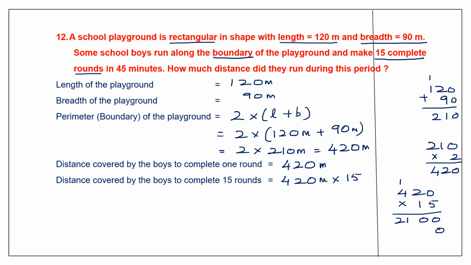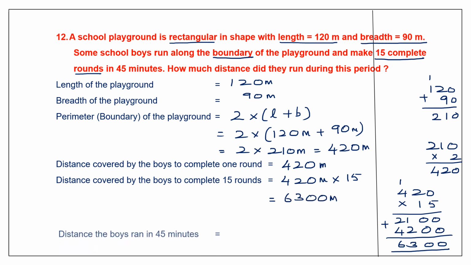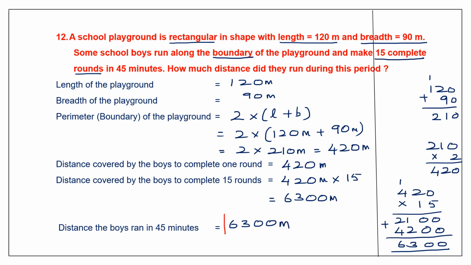Second step, 1 zeros are 0, 1 twos are 2, 1 fours are 4, plus 0, 0, 1 plus 2 is 3, 2 plus 4 is 6, 6,300. So the distance covered by the boys to complete 15 rounds will be 6,300 meters. So distance the boys ran in 45 minutes will be 6,300 meters. This is our final answer.